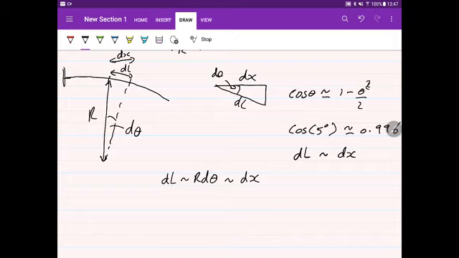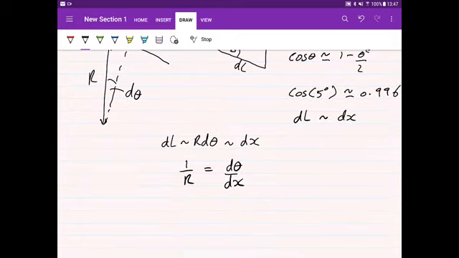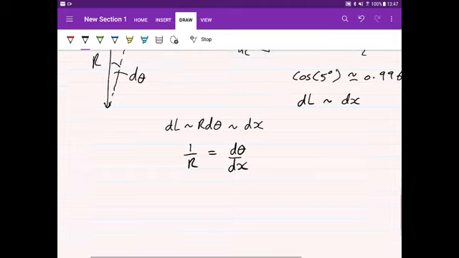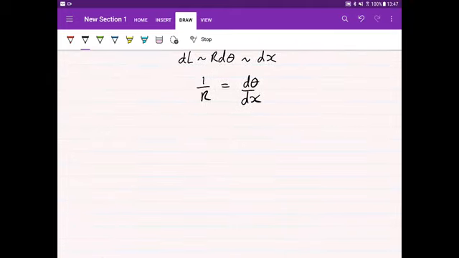And then as a result of that, we could rearrange this and find that 1 over r is going to be equal to d theta by dx. Now, we haven't quite got there yet, because d theta is also not a very useful variable, so we now have to ask the question, well, what is d theta?